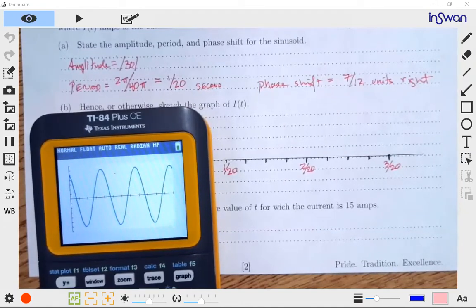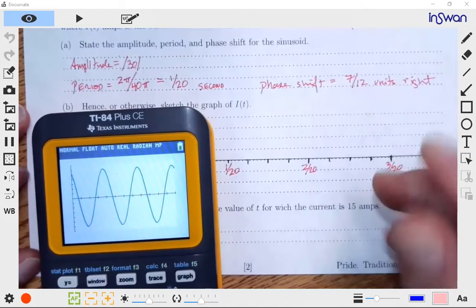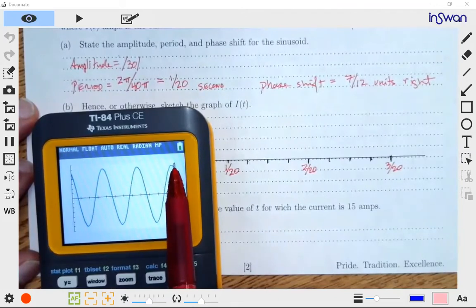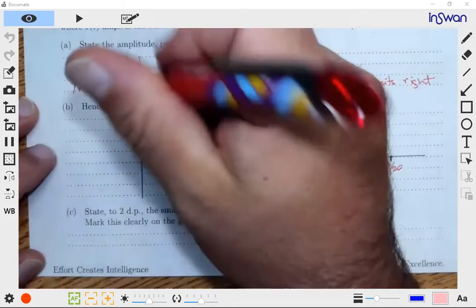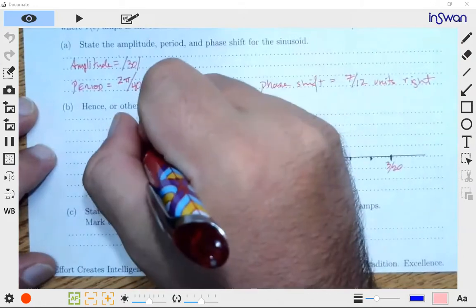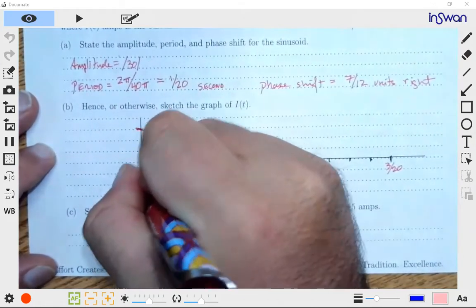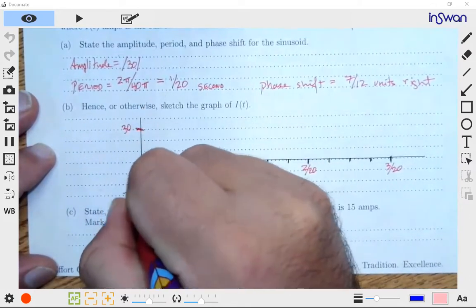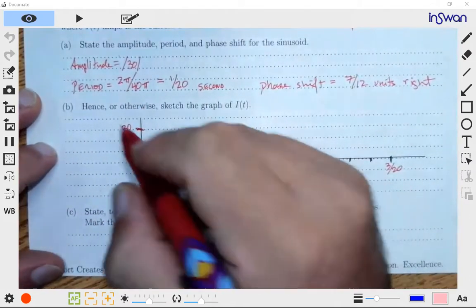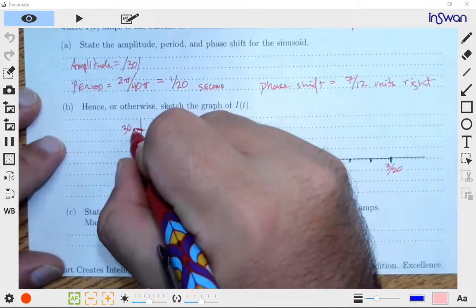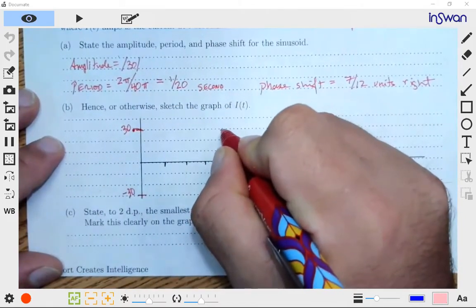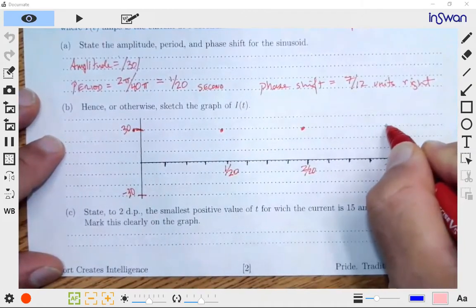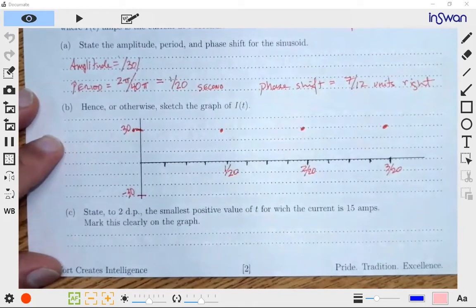What seems to be occurring is that my maximum occurs just before my period. So I'll come over here, say that's positive 30, there's negative 30. My maximum occurs just before my period, so I'm going to come over here and draw in my maximums, and those occur just before my periods.